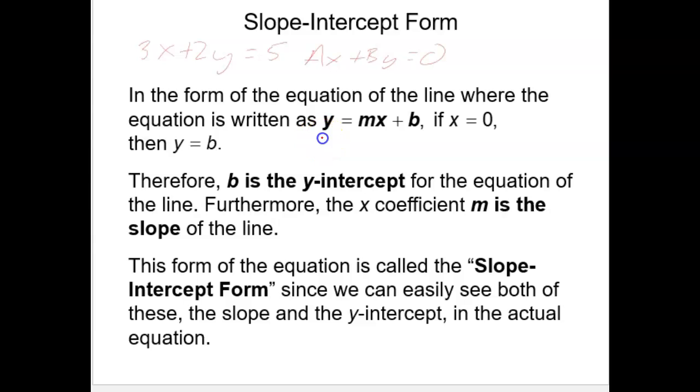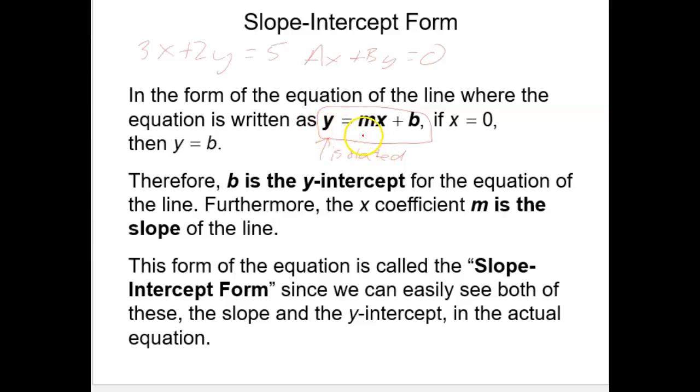Or it can be written in what we call slope-intercept form, and actually this is the far more useful form. What you want to notice about slope-intercept form is the y is isolated. So if you're given a line in some other form and you want to put it in slope-intercept form, you want to rearrange the line so the y is alone.